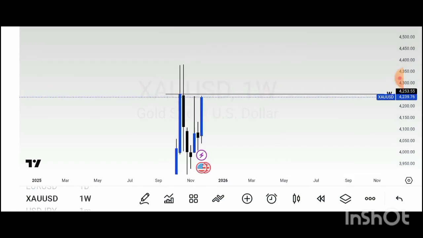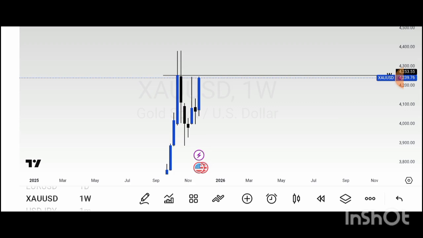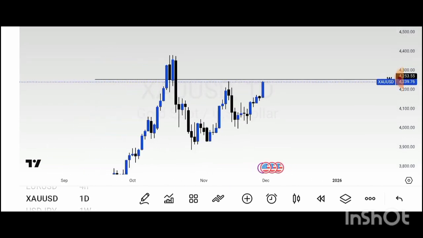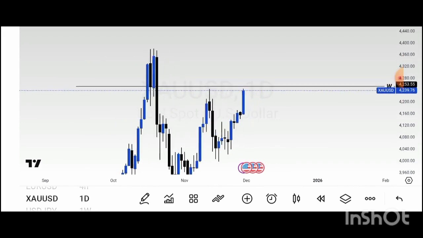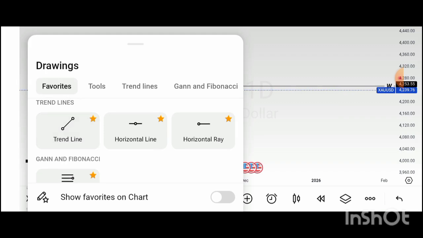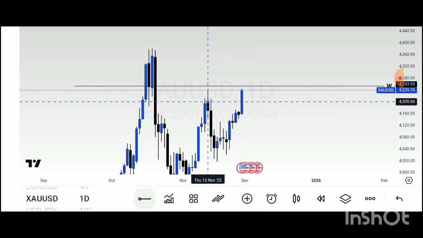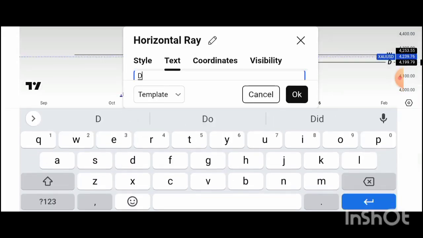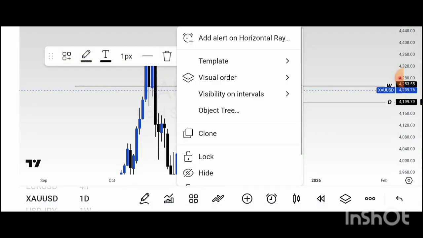So gold might most likely be going down from tomorrow, except it breaks that zone. Oh, let's keep marking key levels. Remember, I don't mark key levels on the wick, I mark them on the body of the candle. So this is a daily key level right here on gold.